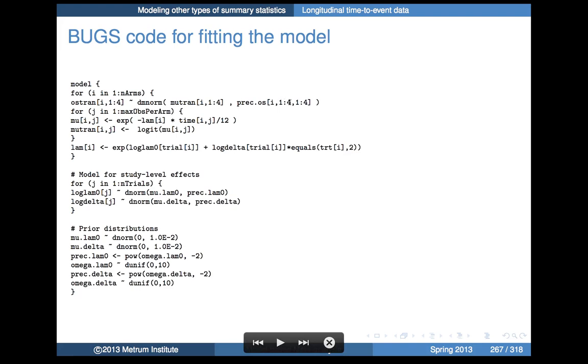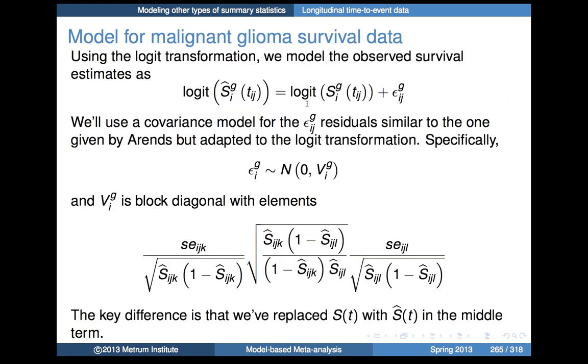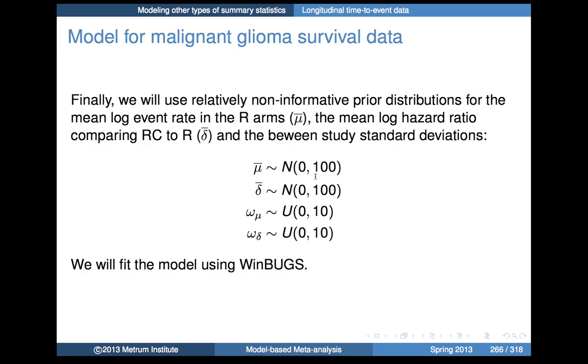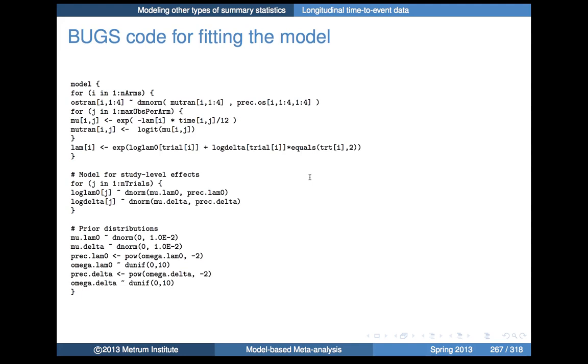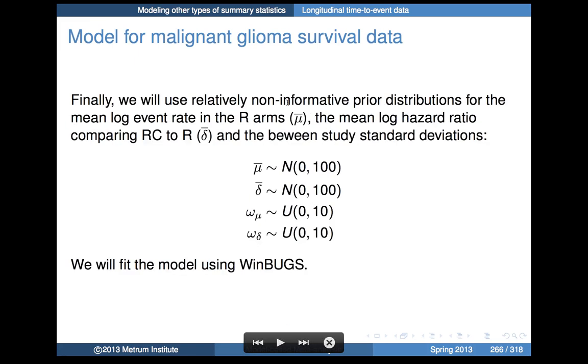But each of those elements for each treatment arm is going to be itself a 4x4 matrix. So that is, this prec.os is the inverse of this VIG. We have to use things in terms of precisions, which are the inverses of the variance matrices, because that's how WinBUGS parameterizes the normal distribution. So this is our basic model for the data, and this line of code here corresponds exactly to this logit model here.